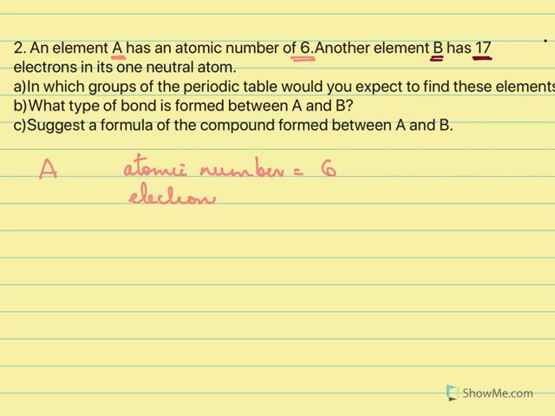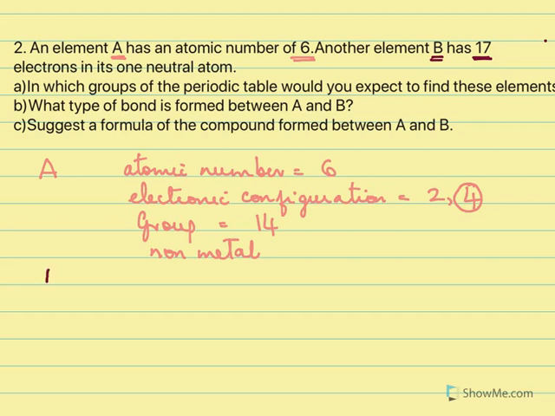So electronic configuration 2, 4. So now let's write down what we know about it. Valence electrons is 4, right? Valence electron 4. So group will be 14, and remember it will be a non-metal.